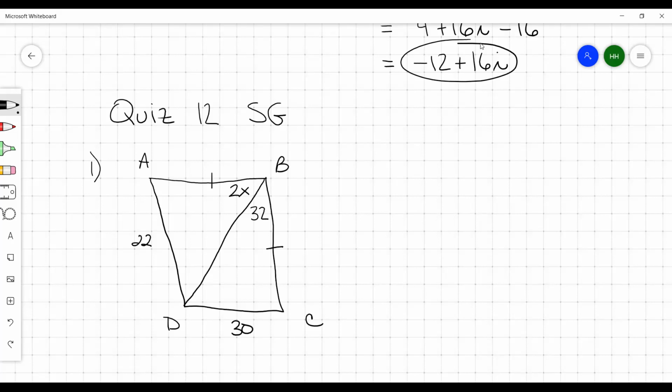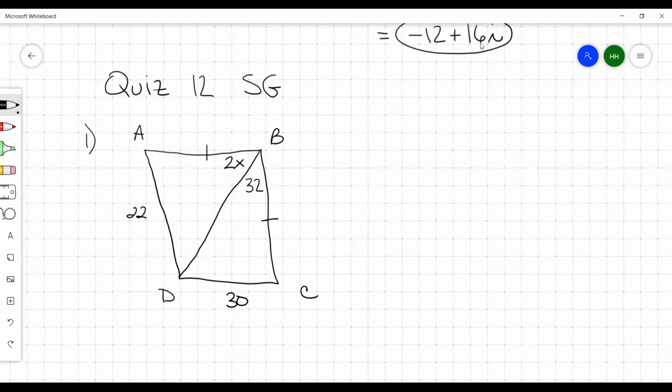And we're finding the range of values. So this is the stuff we did yesterday. Across from the 2x you got a 22, and across from the 32 you got a 30. So your 2x has got to be less than the 32. It's across from a shorter side.